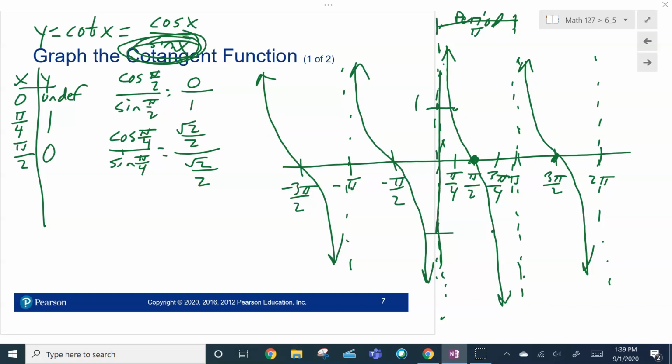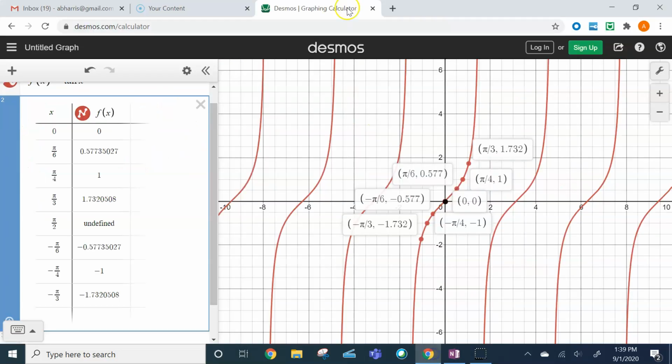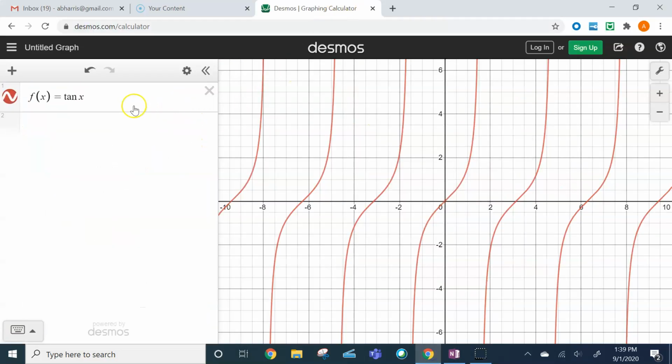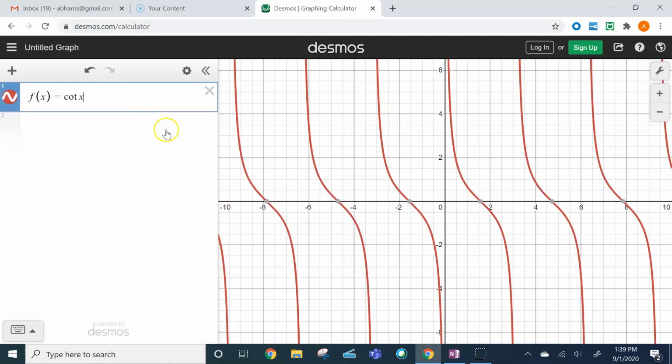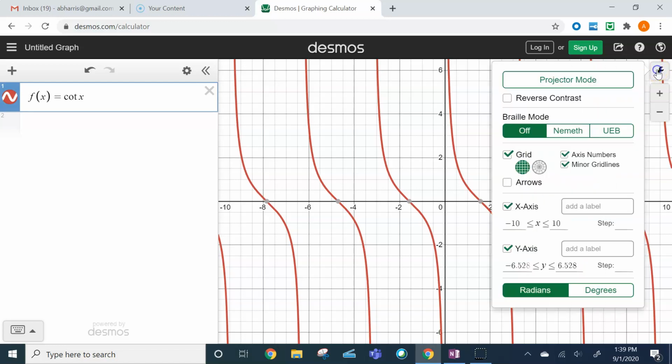Okay, so if you're looking at decimals on that, there's your pi halves, 0, and so on. See how it's decreasing from 0 to pi. Pi is over here at about 3.14. I can change this if you want me to.